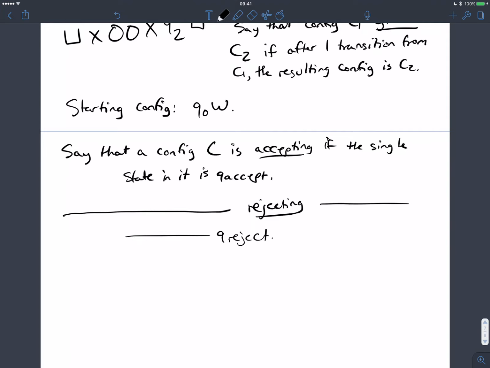So we have exactly one starting configuration, but we may have many accepting configurations because the state Q accept can be anywhere in the configuration, as well as the other tape contents, they could be anything. But the starting configuration is unique for a given input and machine. Okay?